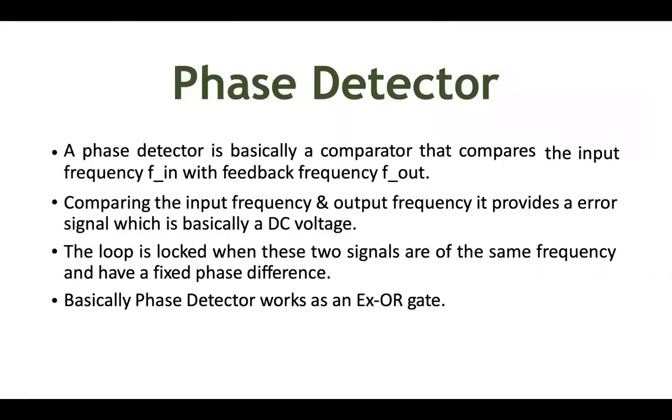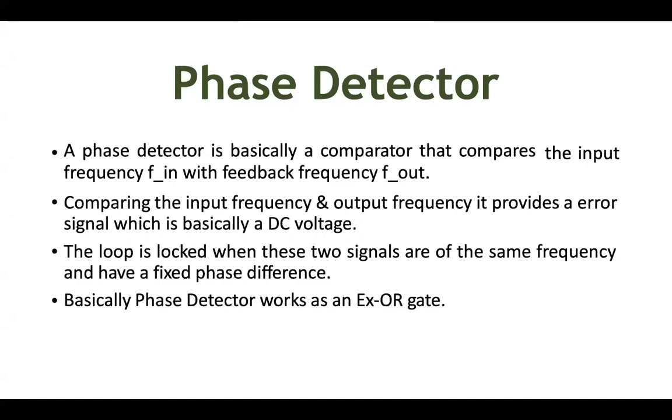Now, what is this phase detector? What does it involve, and how is it able to function in this fashion? So phase detector is basically a comparator. It will try to compare, and usually it has an XOR gate. Now we all know what's an XOR gate. If the inputs are same, the output is going to be 0.